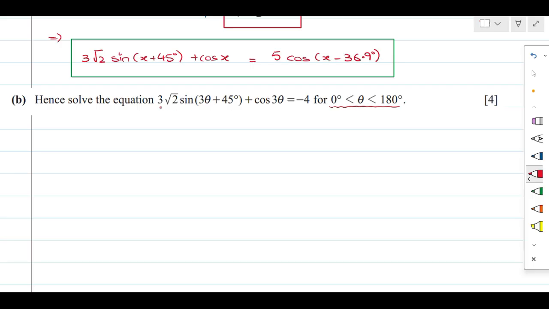Okay, so we can rewrite this equation. Let x equal 3 theta.